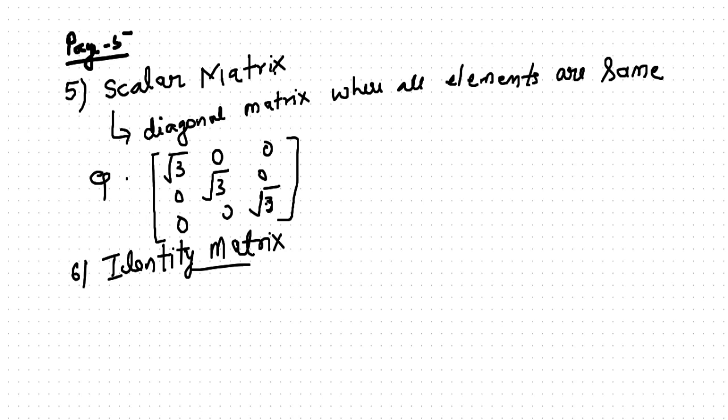Now, if all the elements of the principal diagonal are the same and also their value is 1, then that is a special case of a scalar matrix where the principal diagonal elements become 1. That is called as identity matrix. This is an important matrix which is generally used for many engineering applications and will be used as and when required.